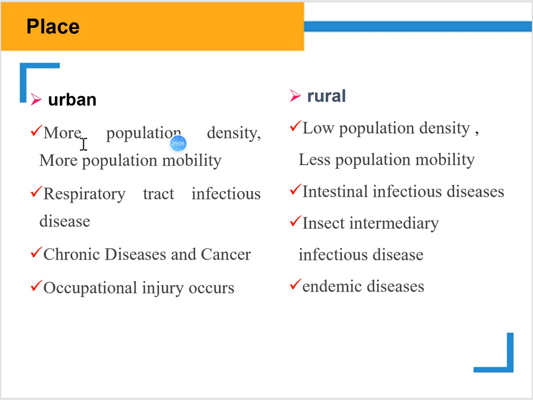In urban areas, there is more population density, more population mobility, more respiratory tract infectious disease, more chronic disease and cancer, and more occupational injury. In rural areas, there is low population density, less population mobility, more intestinal infectious diseases, more insect-borne infectious disease, and more endemic diseases.